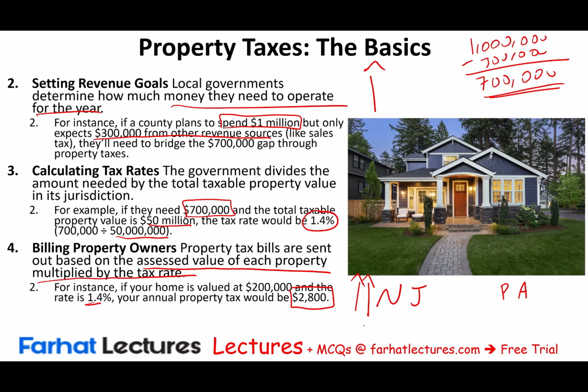And the reason is because they don't have local income tax. The state of New Jersey doesn't collect local income tax. In Pennsylvania, we have local income tax. They don't have it in New Jersey. Therefore, in New Jersey, they have to rely on property taxes. Because some of the income comes from local income tax, generally speaking, PA property taxes are lower.